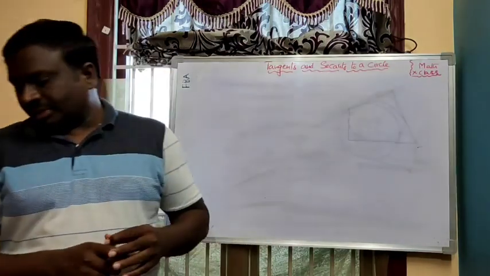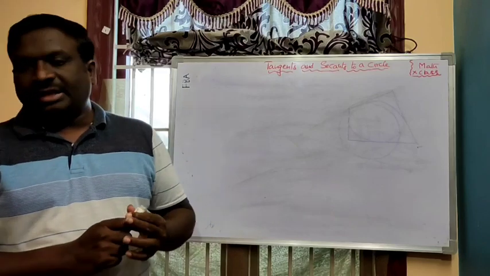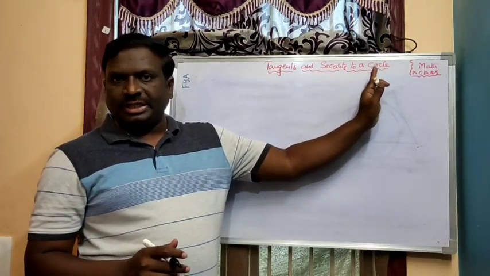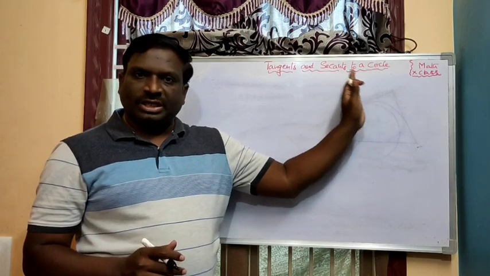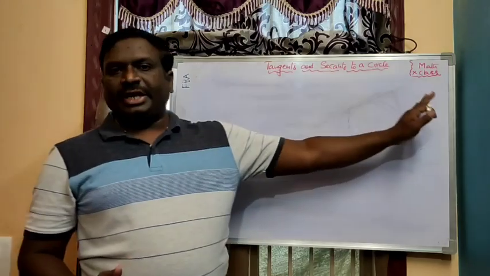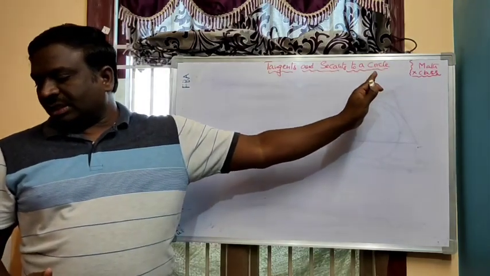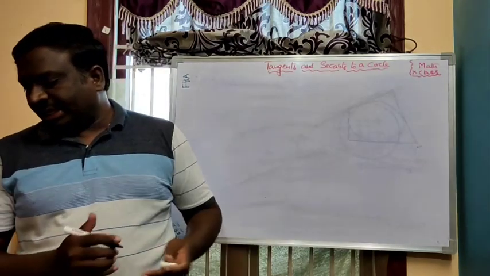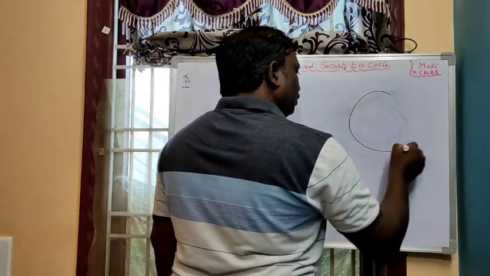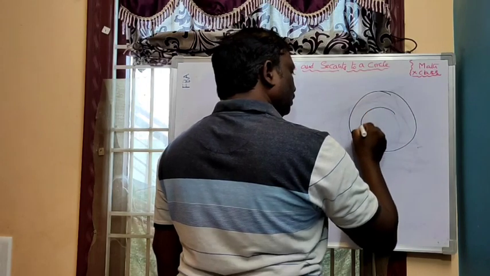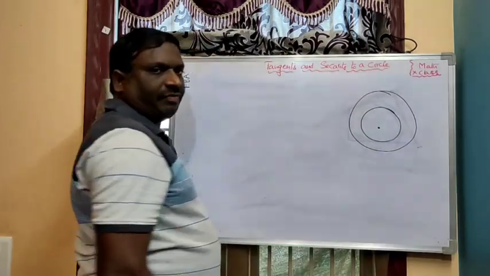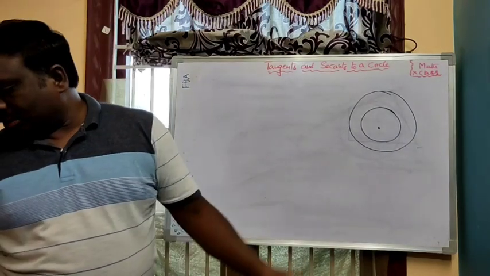So the second question: two concentric circles of radii 5 cm and 3 cm. I am not writing the question, just reading it. Listen to the question carefully. If you have the textbook, you can identify the diagram. One circle has radius 5 and the other radius 3.